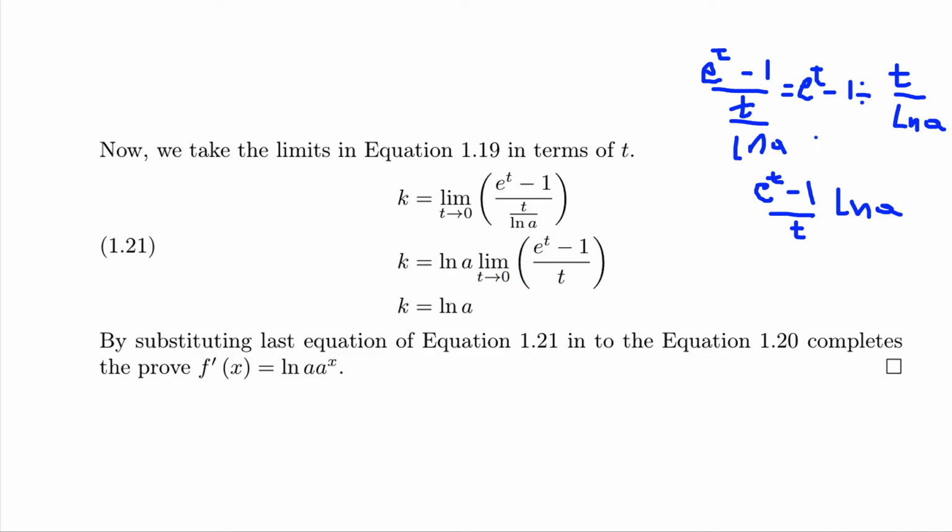We have this expression, (e^t minus 1) over t, and we want to find its limit as t goes to 0.